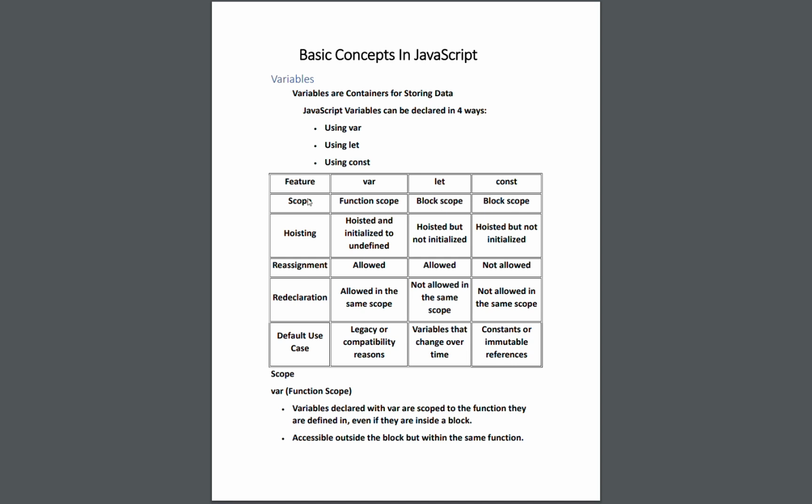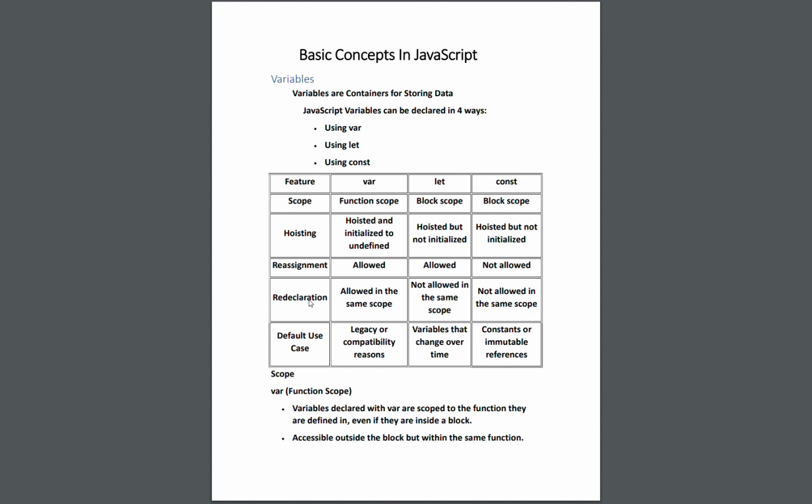In coming to the scope, var is function scope and let and const are block scope. In hoisting, var is hoisted and initialized to undefined, and let and const are hoisted but not initialized. In reassignment, var and let allow reassignment and const does not.